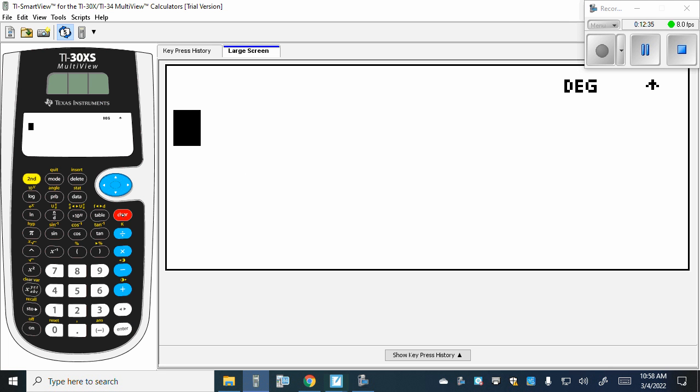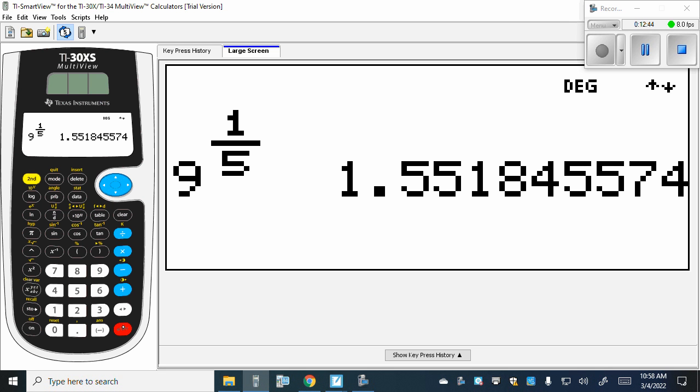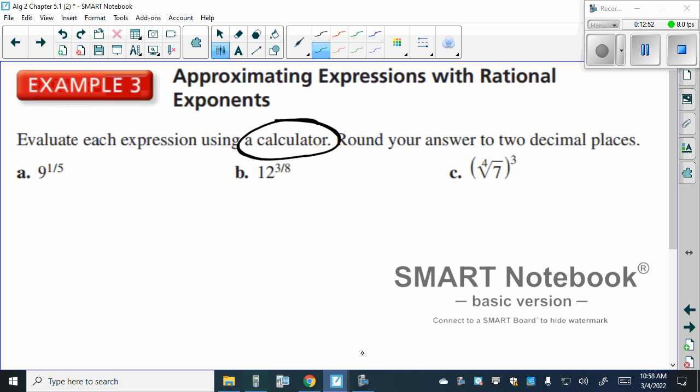Figure that out. 9 to the 1 over 5. 1.55. And that's it.